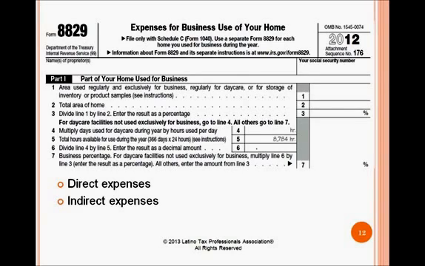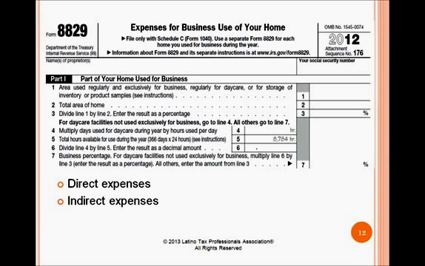Then that's wonderful, because you determine, based on the total area of the home divided by the area used regularly and exclusively, a percentage that you may be able to use for indirect expenses. Indirect expenses are, for instance, you replace the roof.